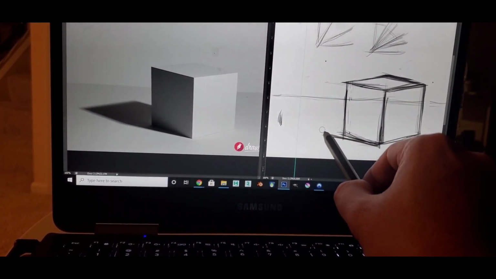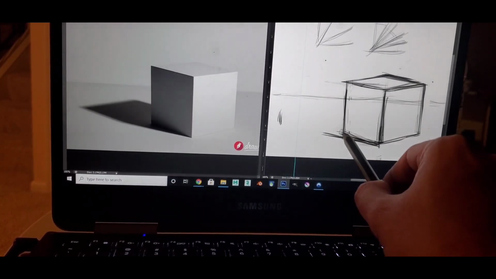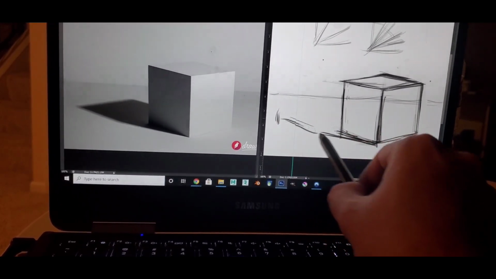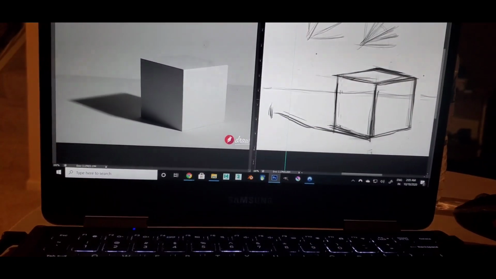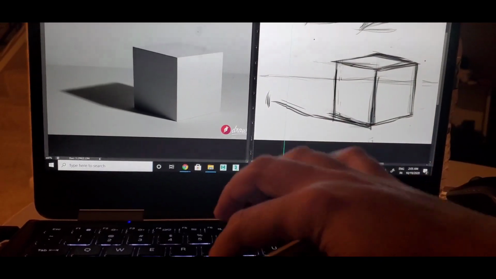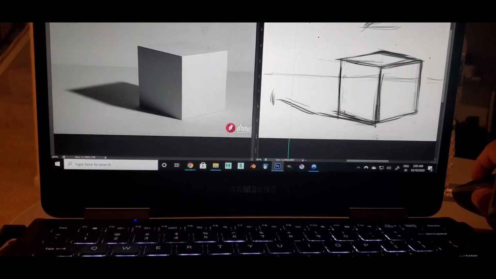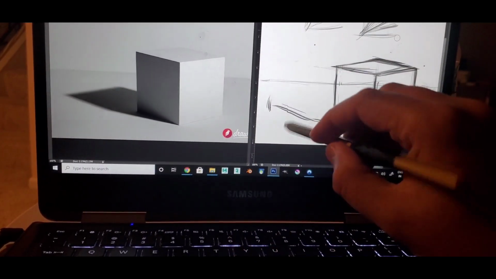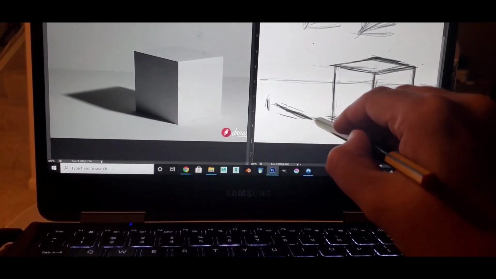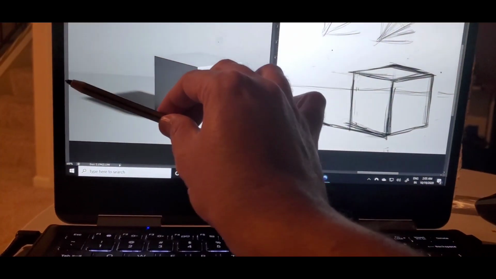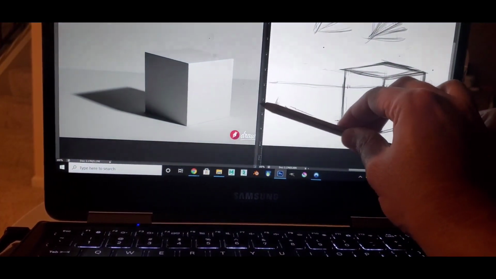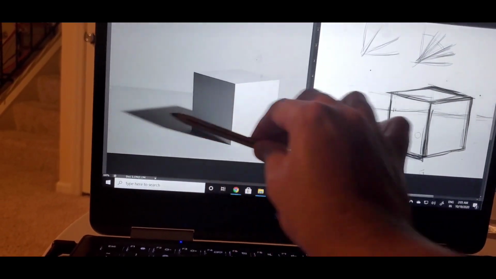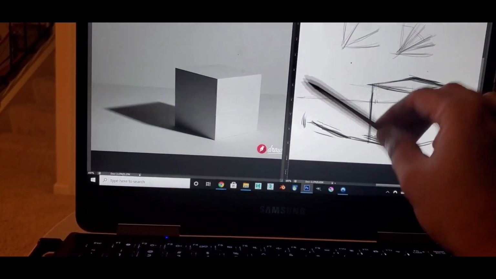Okay, and we'll just make a line for now, and then see if this angle is matching or not. Roughly this angle is matching.